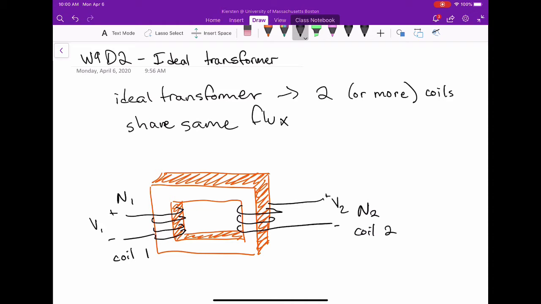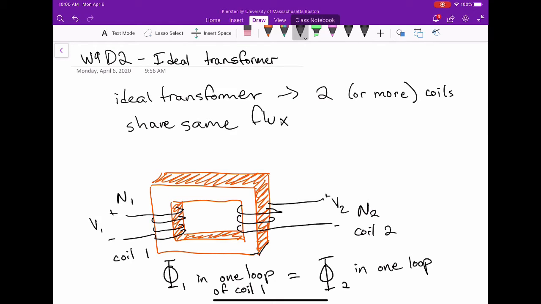But because these are wound around this high permeability core, the flux going through one loop of coil 1 is equal to the flux going through one loop, or one turn, of coil 2.